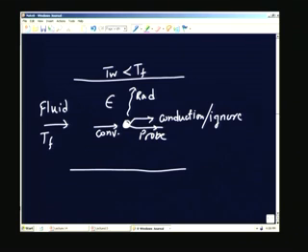Actually, if you write the expression for the radiative loss, it will be given by epsilon sigma, where sigma is the Stefan-Boltzmann constant, multiplied by the surface area, which we will say S is the surface area of the probe, multiplied by Ts to the power of 4 of the sensor minus Tw to the power of 4.